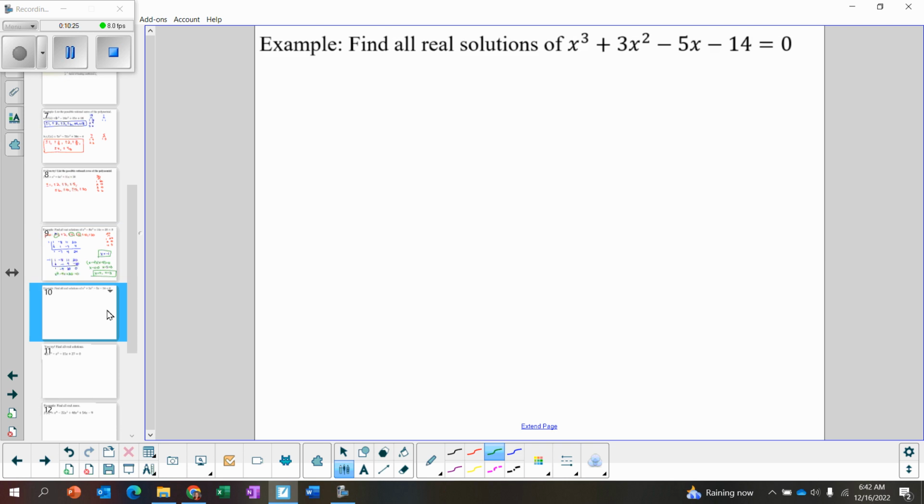All right, let's do another one together. So we have 14 or negative 14, so that's 1 and 14, 2 and 7. Much shorter list this time. So plus or minus 1, plus or minus 2, plus or minus 7, plus or minus 14.